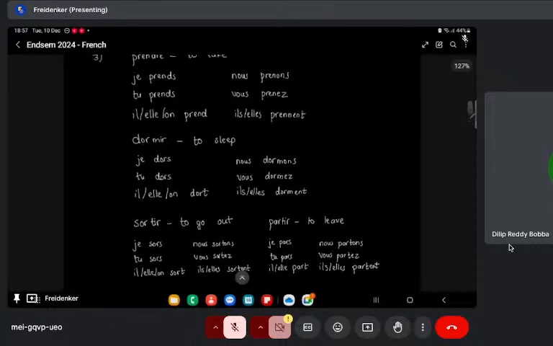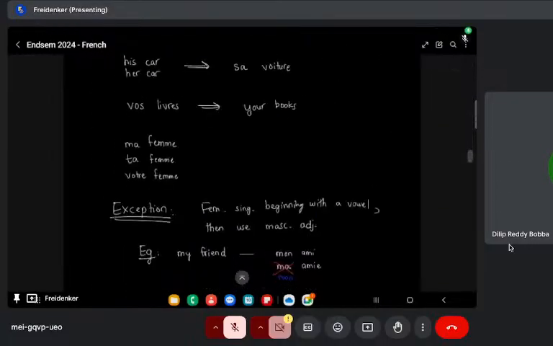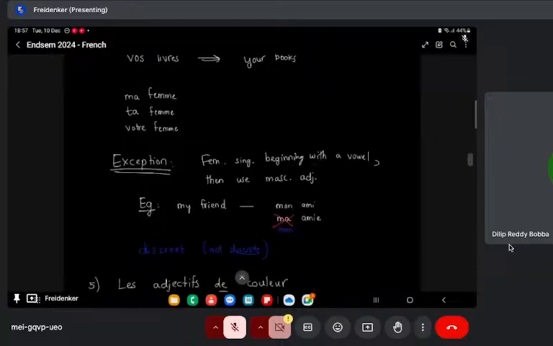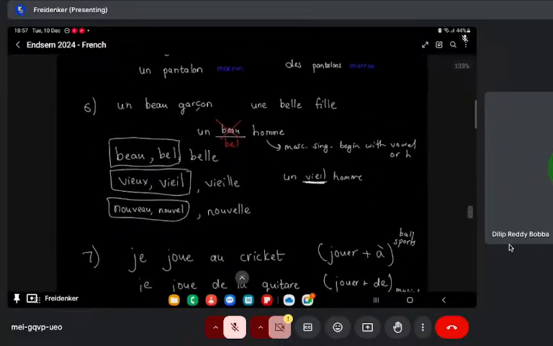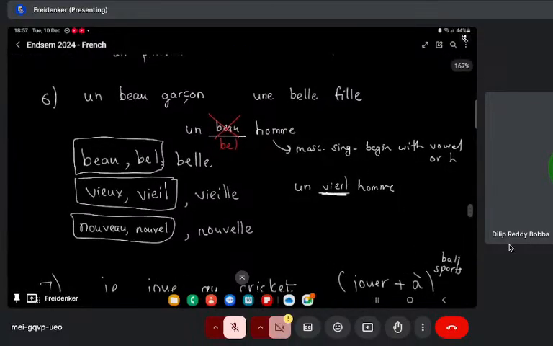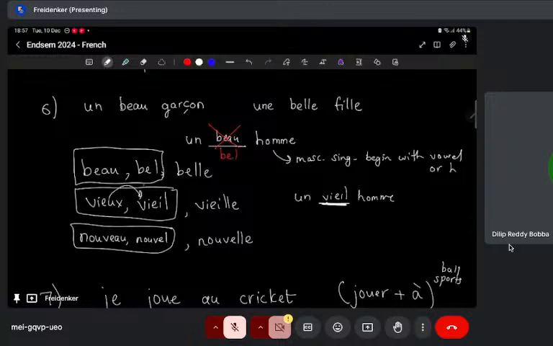I told you that there is something. Where is this? Yes. So I showed you this, right? That whenever you have a masculine singular beginning with a vowel or an H, beau will become belle, vieux will become vieille, nouveau will become nouvelle.